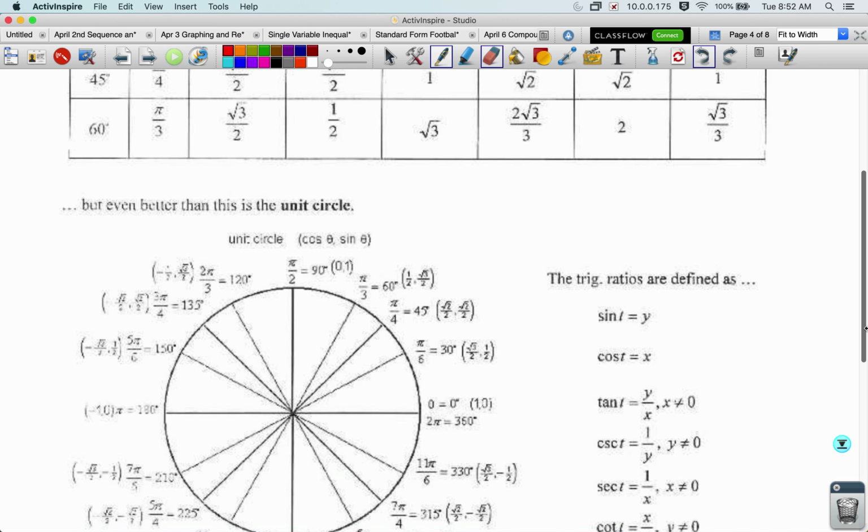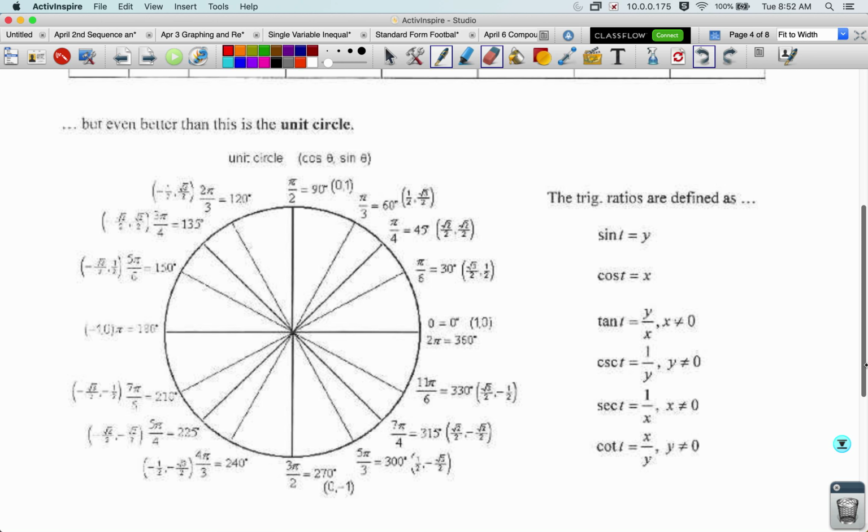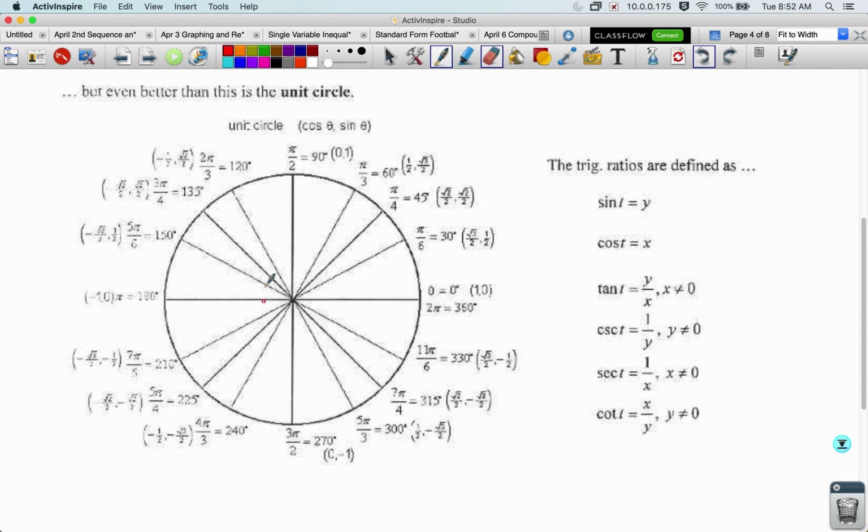Okay. But even better is the unit circle. If you draw your unit circle on a coordinate plane, and then you write the ordered pair where each of these angles intersects the circle, then part of that ordered pair gives you the different trig ratios. This requires that you have this whole thing written out.